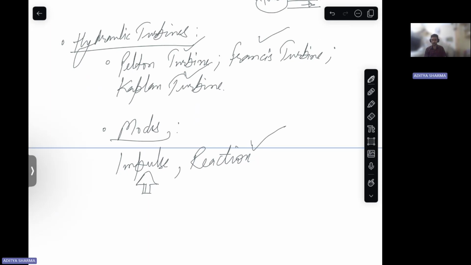Then is your directions, the direction of flow.